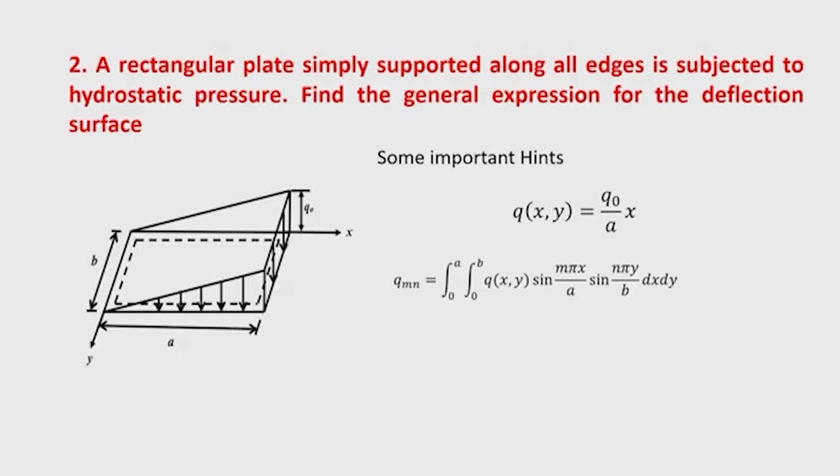Maximum deflection will occur along the line y equal to b by 2, but the x coordinate will be different. So, x coordinate has to be found by differentiating or making the slope to be 0, because at the point of maximum deflection you will get slope 0.